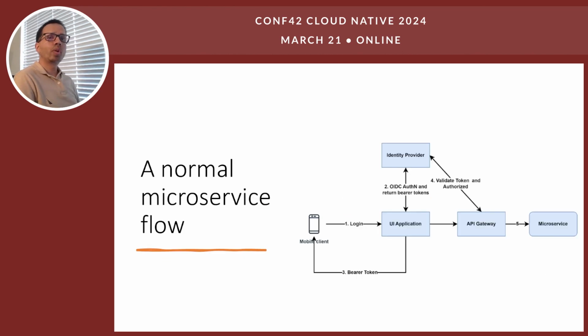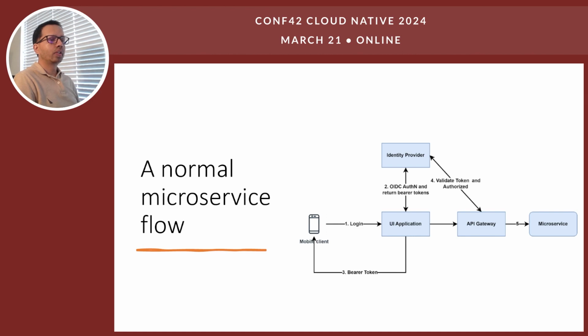Let's take an example of a normal microservice flow. Let's say there is a client using our app, accessing it using a mobile client, or it could be a computer as well. That person does a login operation through the UI. Then the UI talks to an identity provider, which could be an OIDC flow, to get the bearer token.